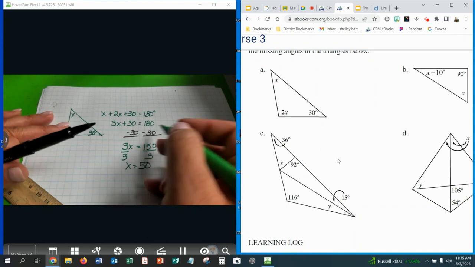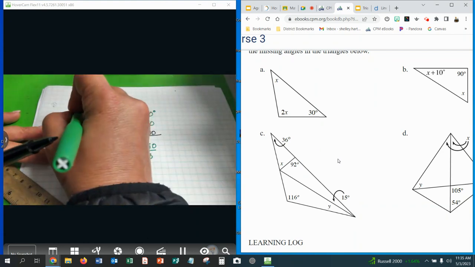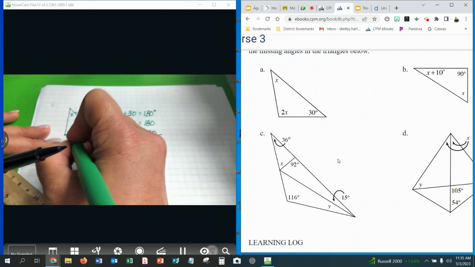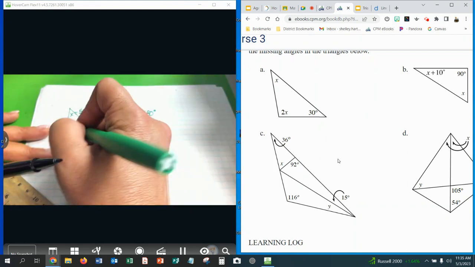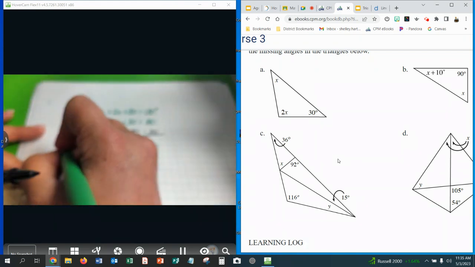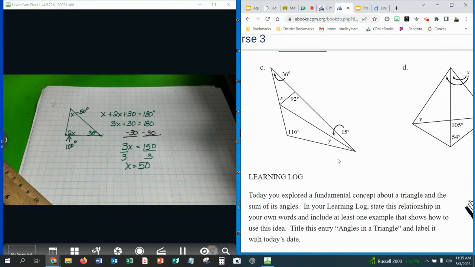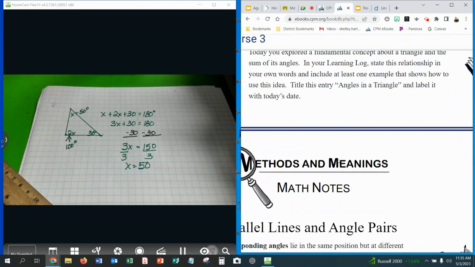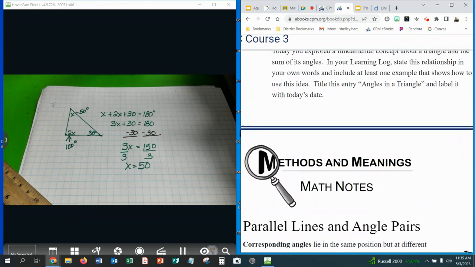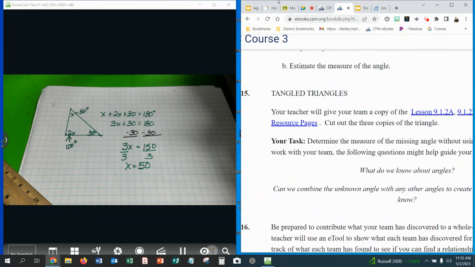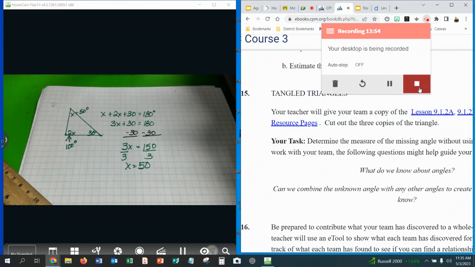So 50. So this x equals 50 degrees. This is 2 times 50, so this one is 100 degrees. Right? How do you feel about that? Feel good about it? Great. All right. So that is lesson 9.1.2.